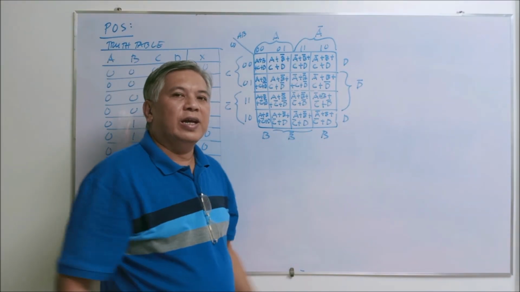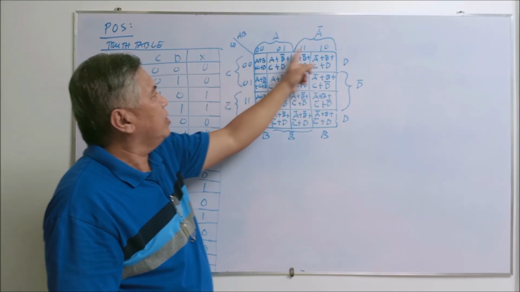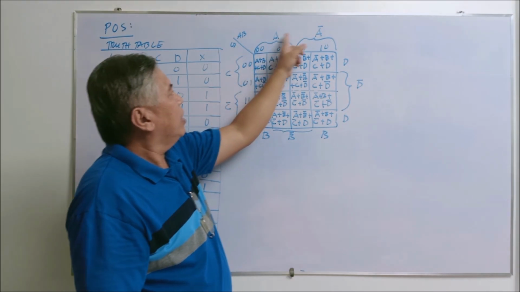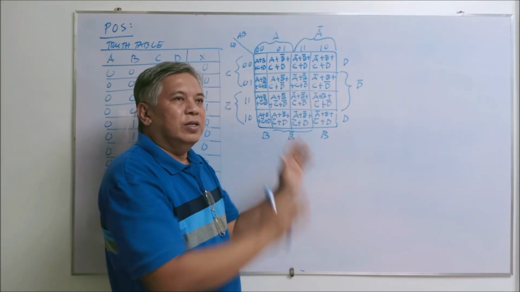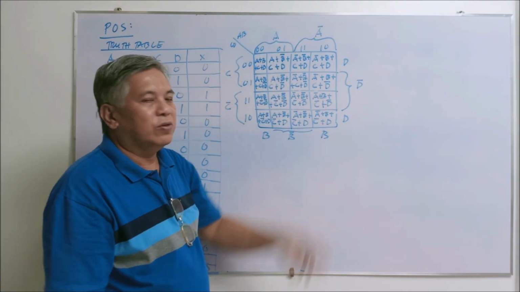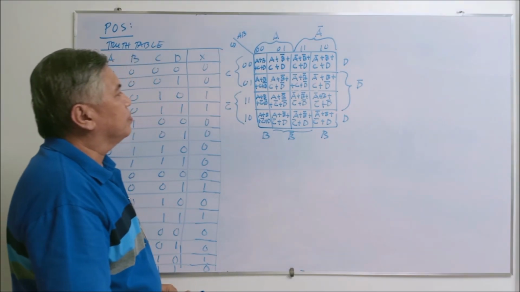Even if the values of your A, B, and C, D are the same, your variables are located in the opposite way as that of your sum of product expression.